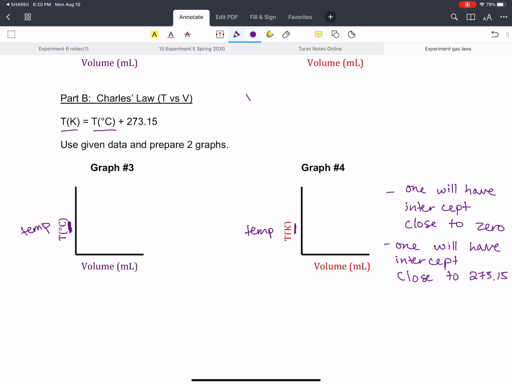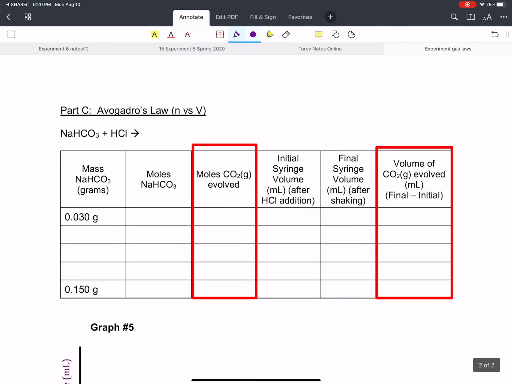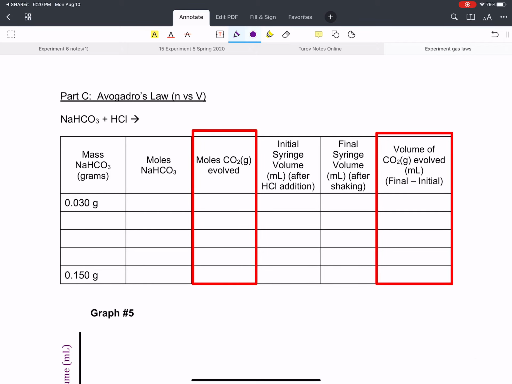And then you're going to determine which is the correct relationship that gives us a linear relationship between temperature and volume. The next part of the experiment is investigating the relationship between moles of gas and volume of gas.